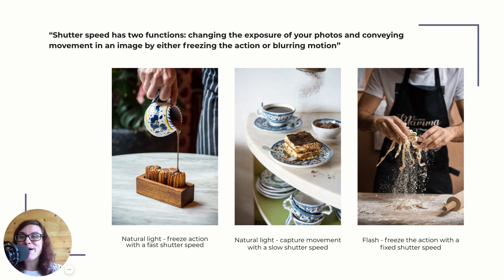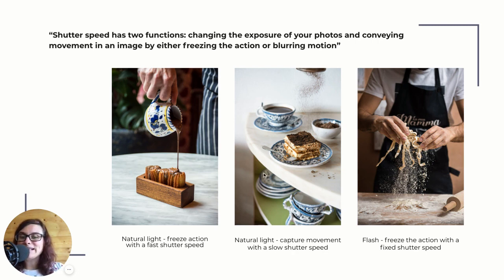This is another one of those super fun creative applications of shutter speed, and I am super excited to talk to you about it. So in the example on the left, I was able to freeze the action, this beautiful, sexy pour, by using a fast shutter speed.